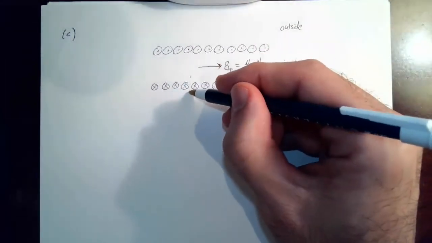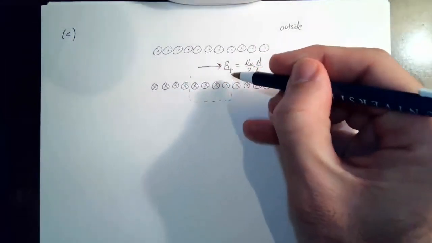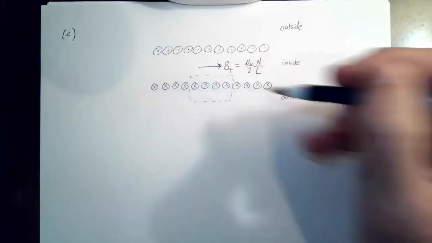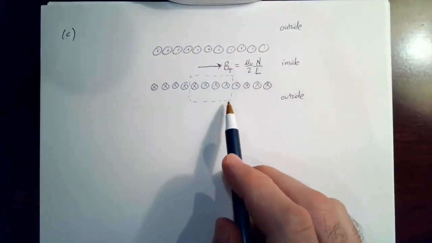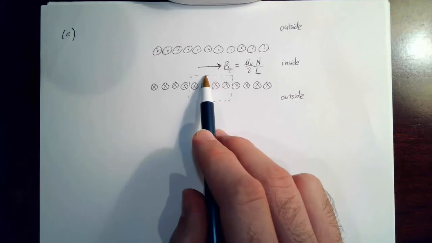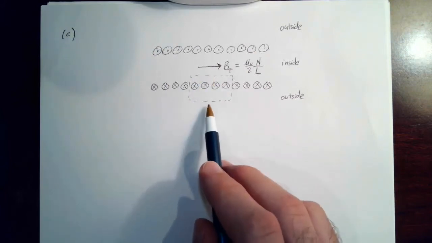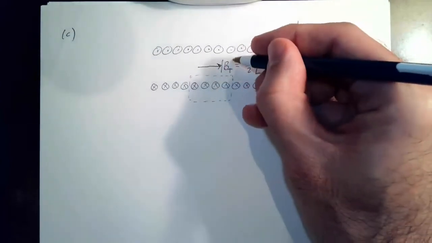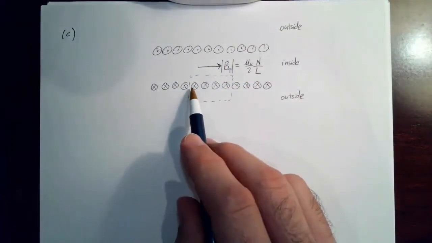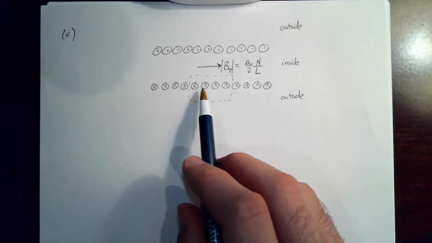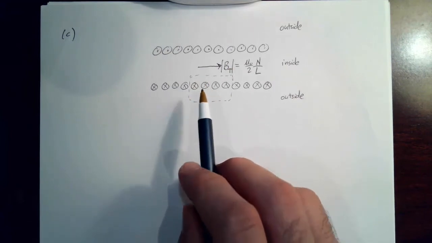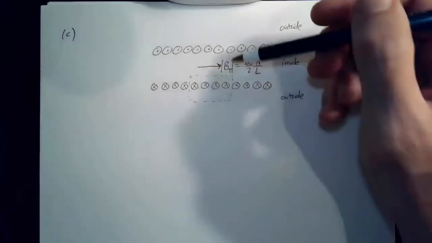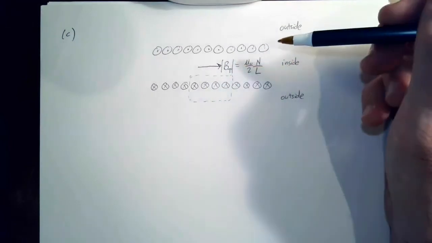I can repeat this calculation, and I'll get the same magnitude inside and outside as I got up here. Yes, these are negative currents instead of positive currents, but I'm just worried about the magnitude.